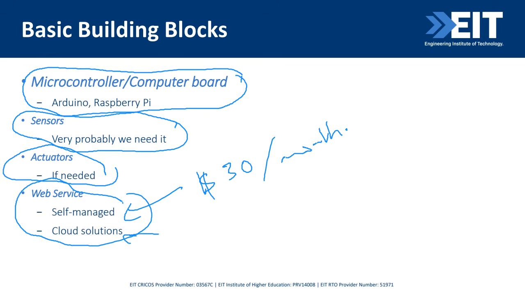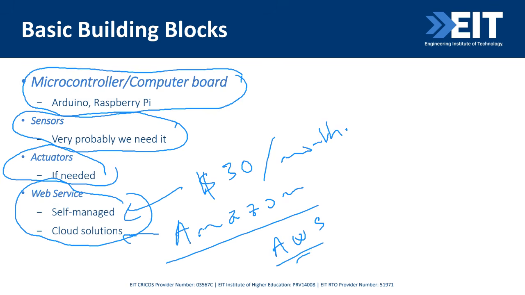Again, we'll mention Amazon, because Amazon has cloud solutions, AWS, Amazon Web Services. They will allow you to do the same type of web services, but without having to manage your own hardware or your own server. This is what you need.